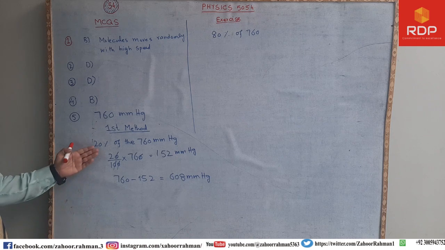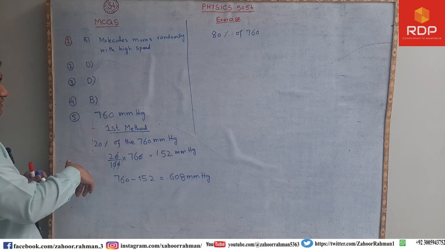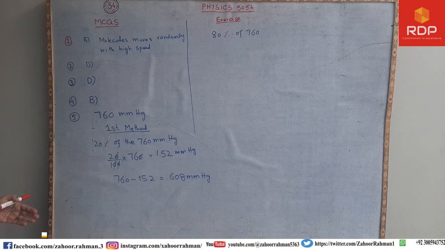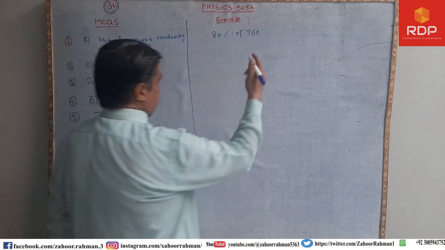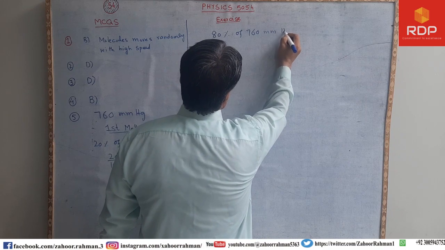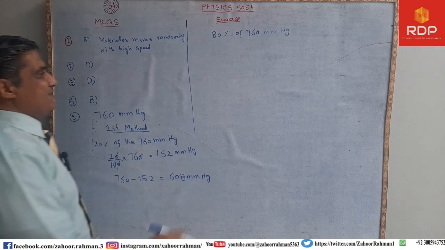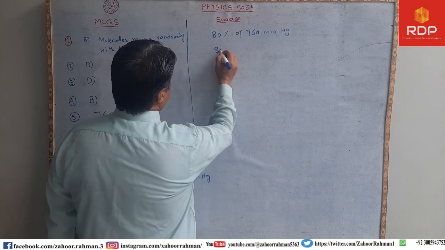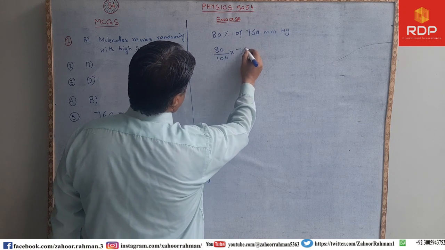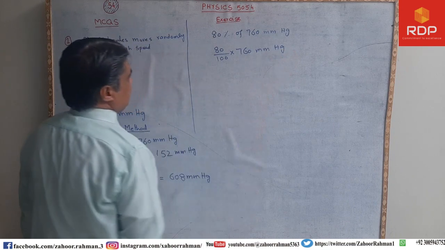But here we can find it directly. Why should we find this and then subtract it from the original value? We can find 80%, which is 20% less. So that is why I am writing 80% of the 760. So 80% of 760 mm of Hg.